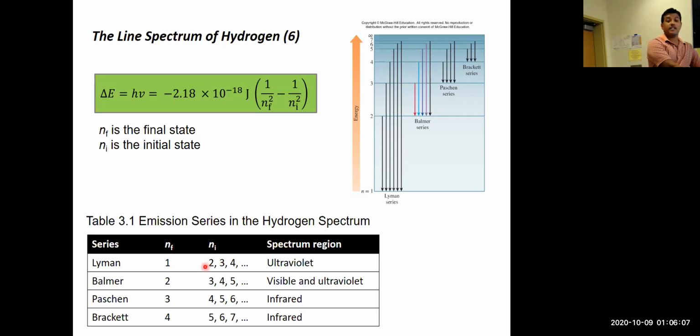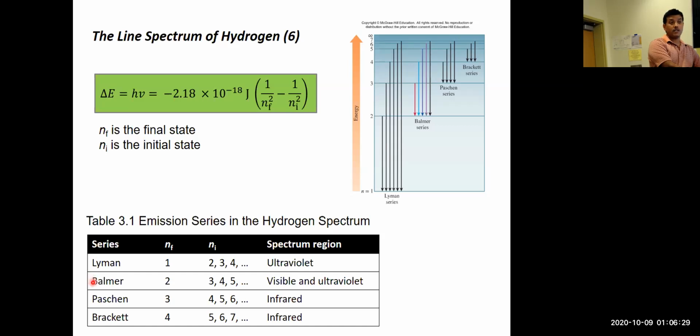When the initial state is 2, 3, 4, etc., and they come back to the final state n_f, which means emission of energy by an electron from a high energy state to a low energy state, Lyman identified them in the ultraviolet region. This is the Lyman series, from these states to N1.